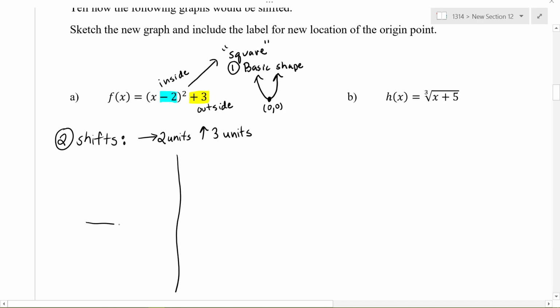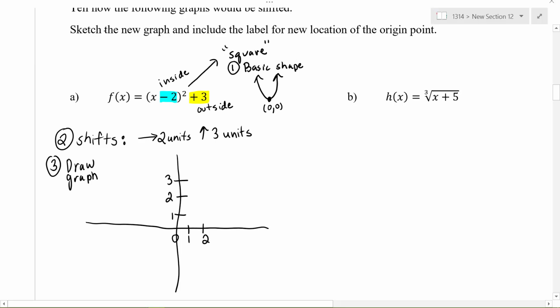Okay, so now we're going to draw a picture. I'm going to shift to the right 2 units, and then we're going to shift up 1, 2, 3 units.